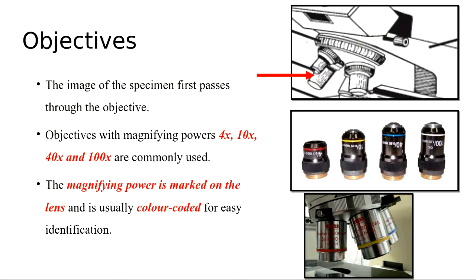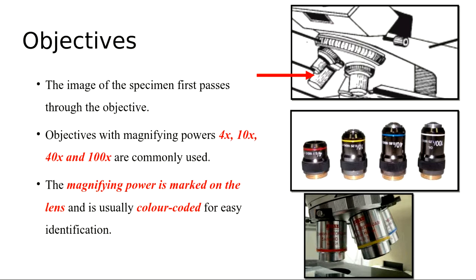The magnifying power is marked on the lens and is usually color coded for easy identification. Red means 4x. The red color ring is there in the center figure. Yellow is 10x. Blue is 40x. And white is 100x. Depending on the color coding, we come to know whether it is 4x, 10x, 40x or 100x. Very, very simple.